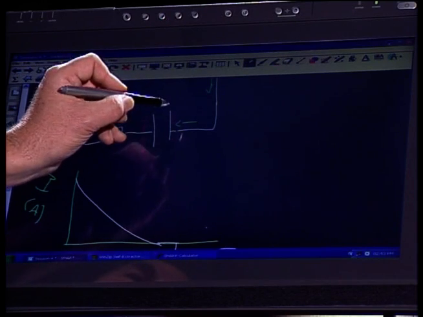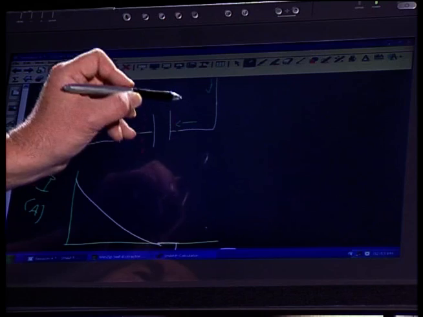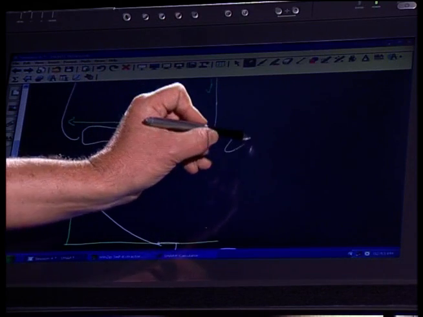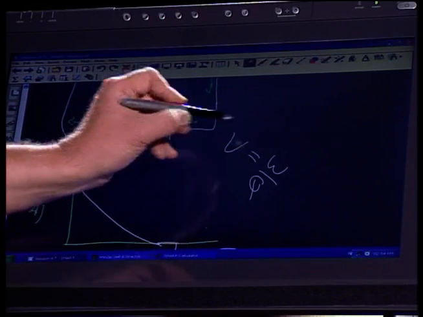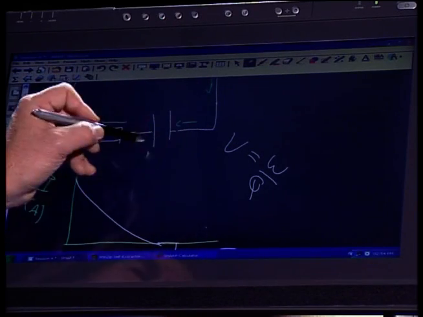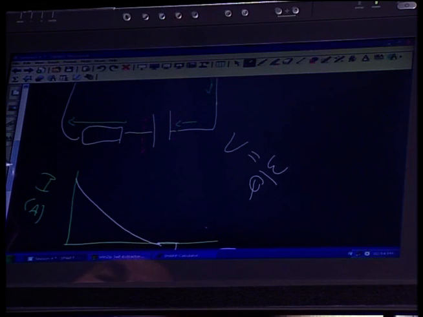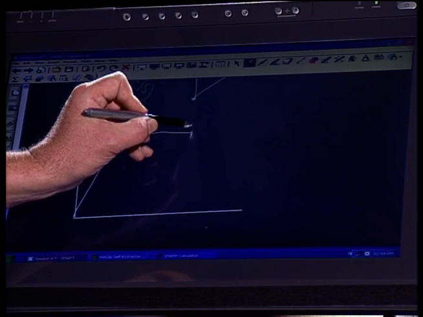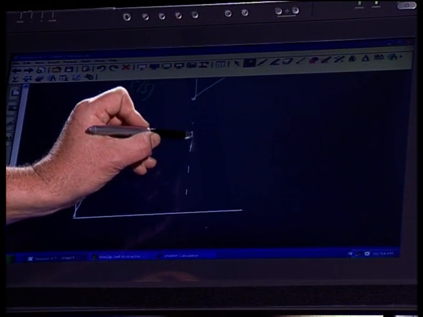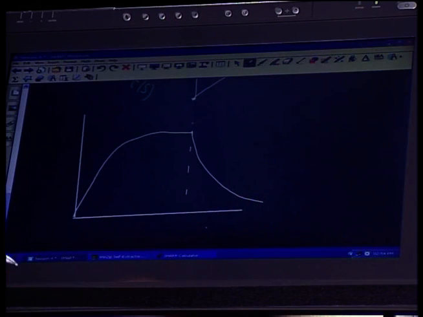If you reduce the number of charges, then you're going to decrease the potential difference. Remember, V is equal to W over Q, the energy stored per unit charge, or the difference in potential energy per unit charge. You decrease the number of charges you've got, you decrease the potential difference. So what happens when you're discharging is it decreases back to zero, something like that.